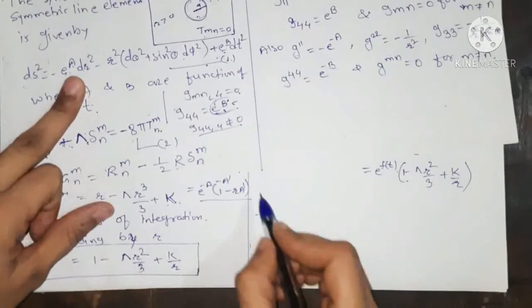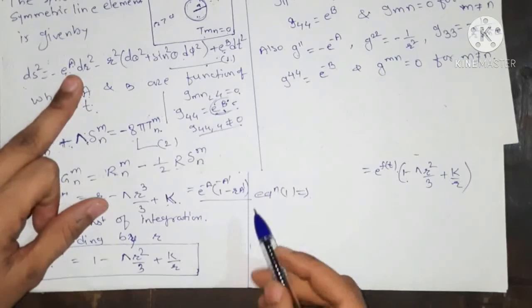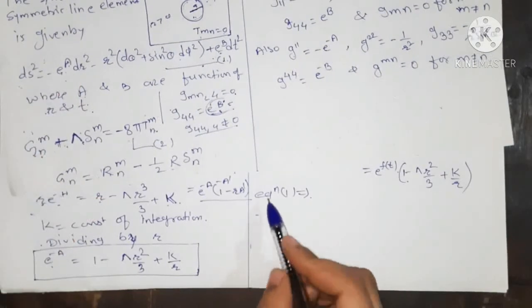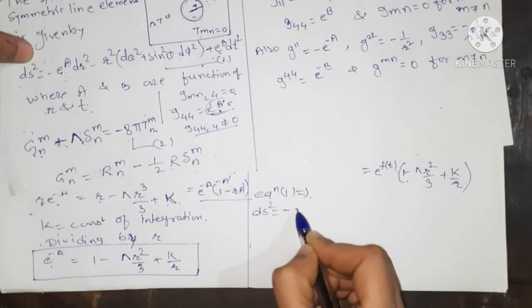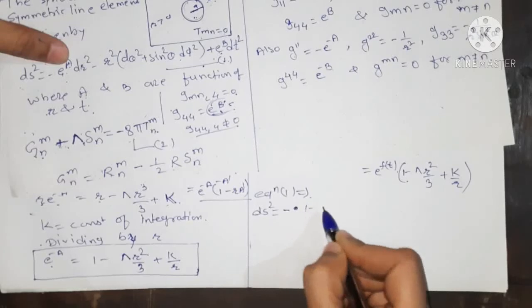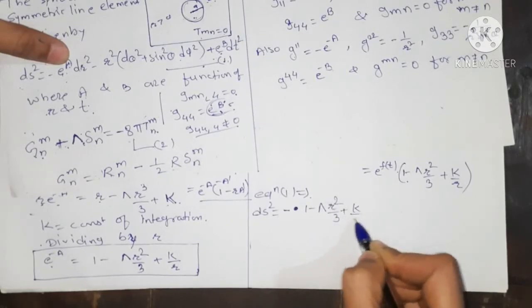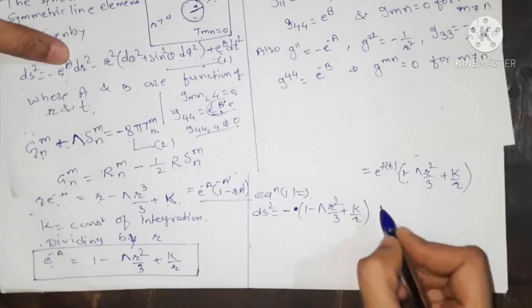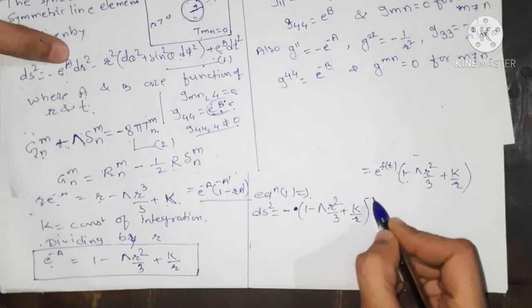So equation 1 implies now that ds square equals minus e to the power a, which is nothing but the inverse of 1 minus capital lambda r square upon 3 plus k upon r. It's the inverse because e to the power minus a is present, so we take the reciprocal of that.